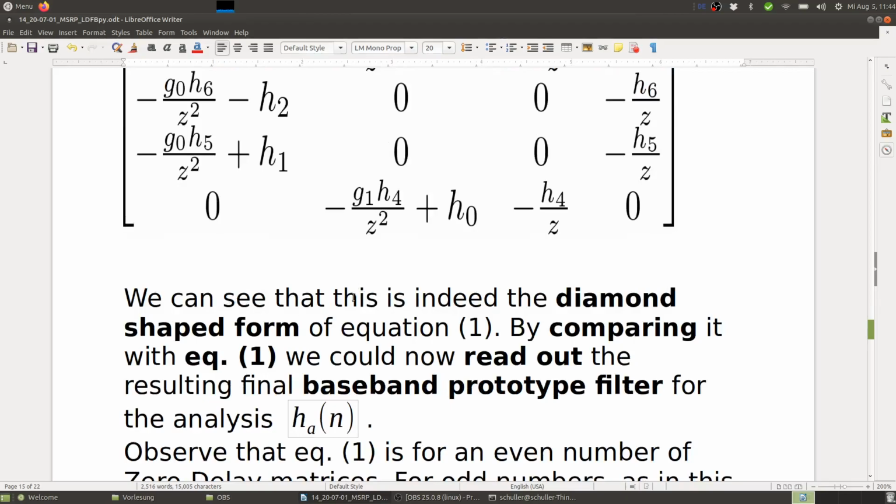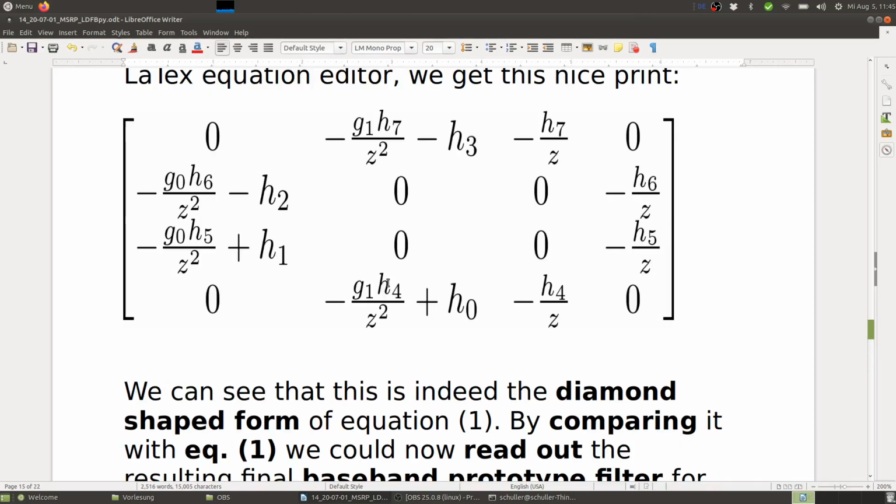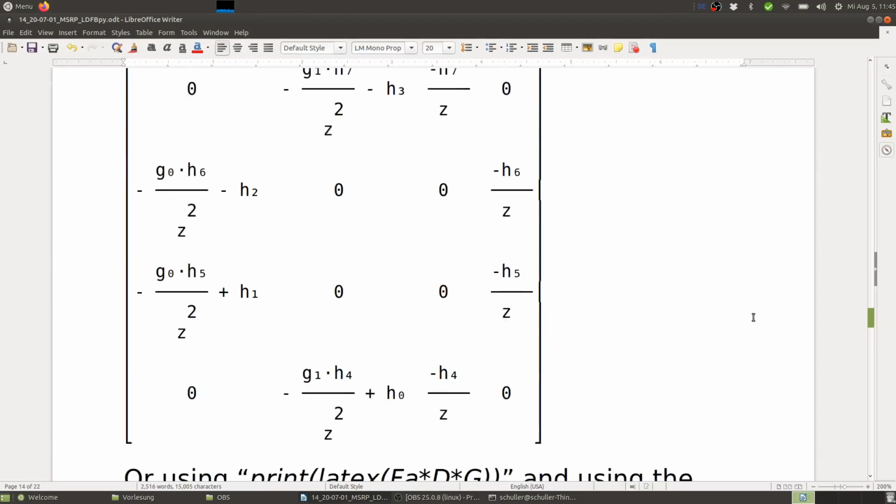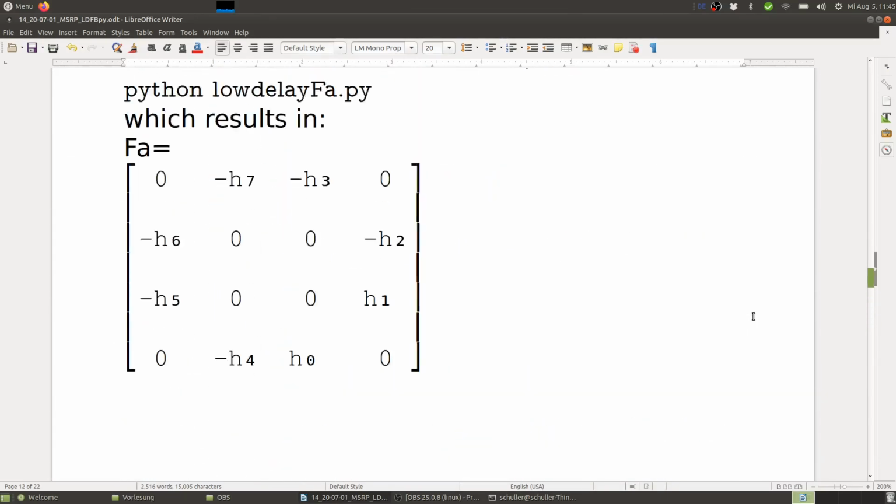Yeah, so we can see that this is indeed the diamond-shaped form of equation 1. By comparing it with equation 1, we could now read out the resulting baseband prototype filter for the analysis. So this is our FA of z, right? And then we can take it and compare it with a more general form that we found before.